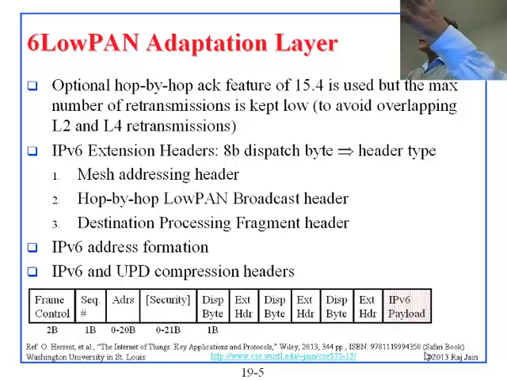You take its header and compress it like this. And now you give it to 15.4, then you chop it into little pieces and give it to 15.4 after doing this.